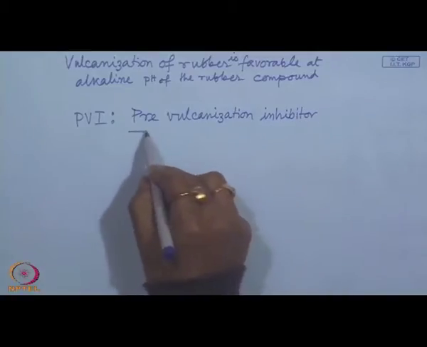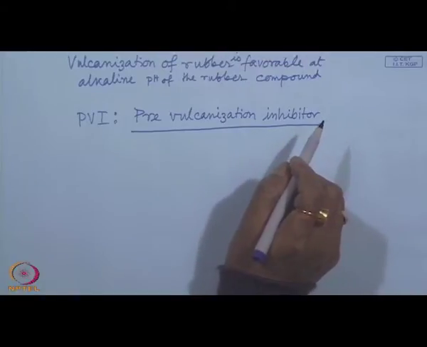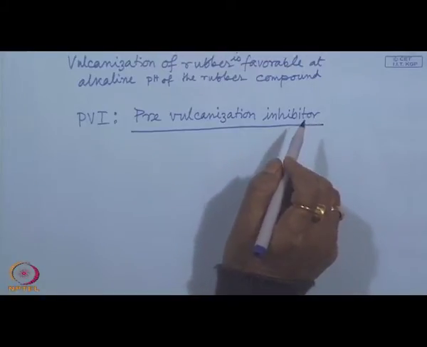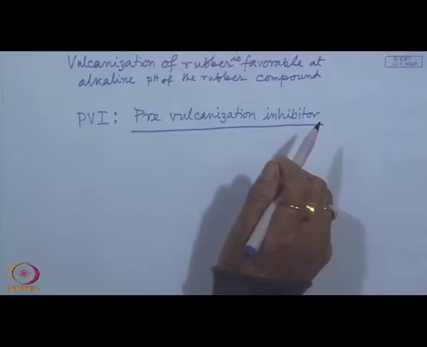I was talking about the scorching reaction before final shaping and vulcanization. Scorching, or premature vulcanization, should not occur during rubber compound formation as well as during fabrication and shaping.